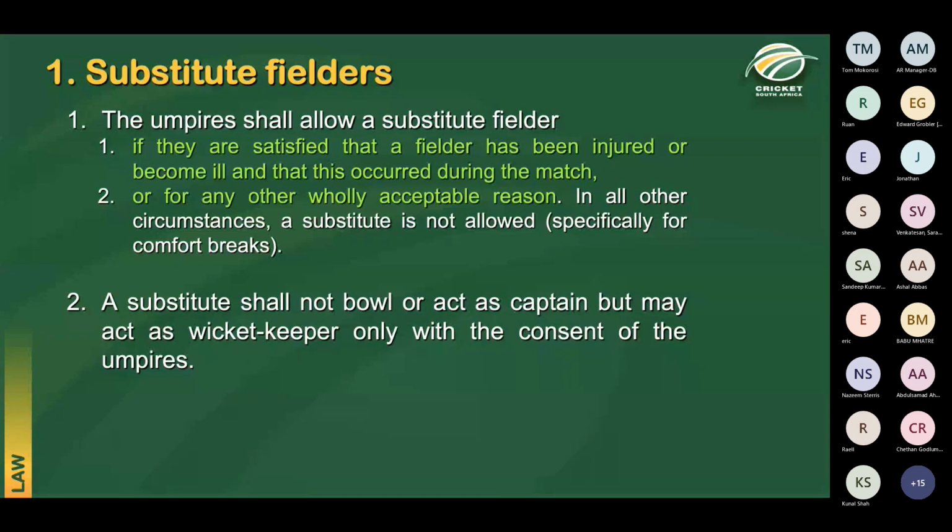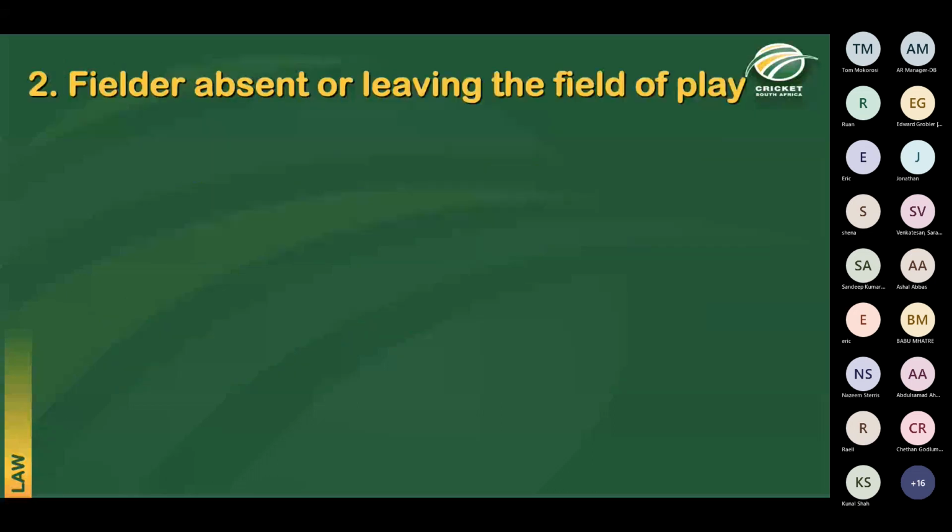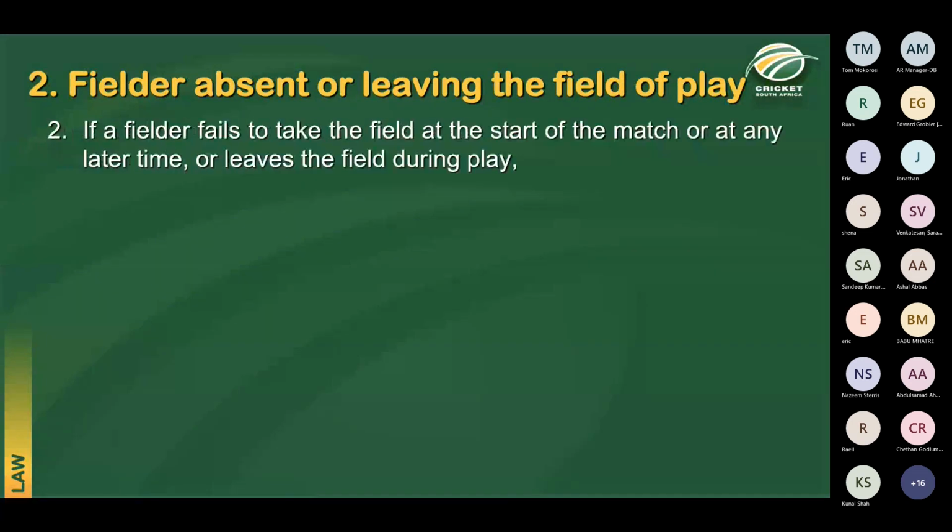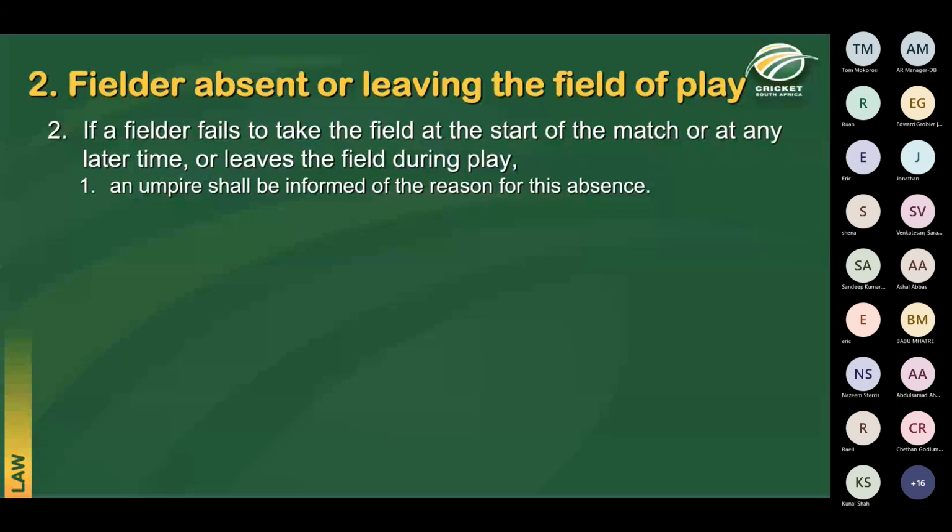We've spoken about a fielder coming back into play without the umpire's permission. Let's see what the law says about this particular act. If a fielder fails to take the field at the start of the match or at any time or leaves the field during play, an umpire shall be informed of the reason for this absence.